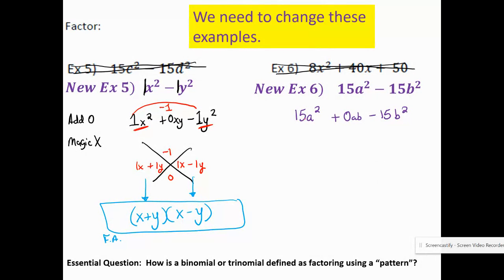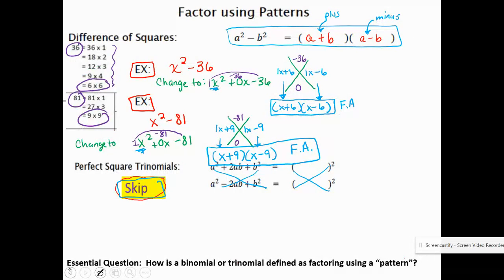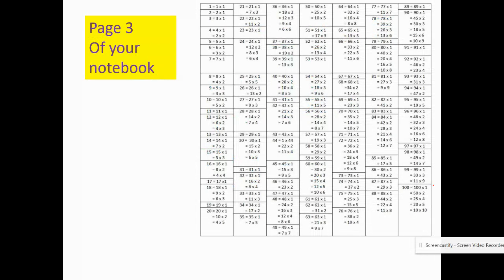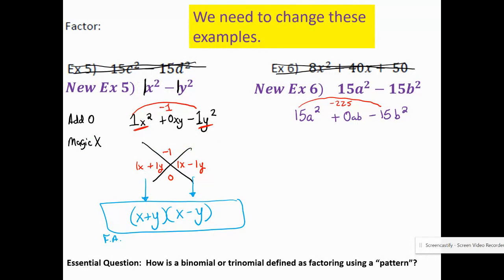Now, I don't want you to do this, I just want you to watch for a minute. If you multiplied 15 times 15, I think that's 225. Now watch this, don't write that yet. You notice the chart here only goes to 100. I will not give you a problem that goes over 100. So if your magic X has something over 100, then that means there's a GCF.